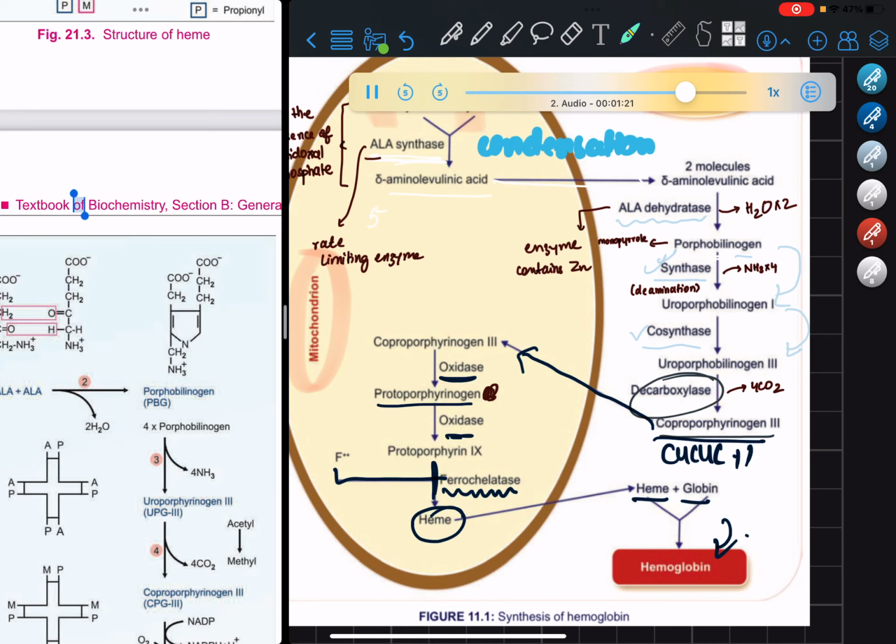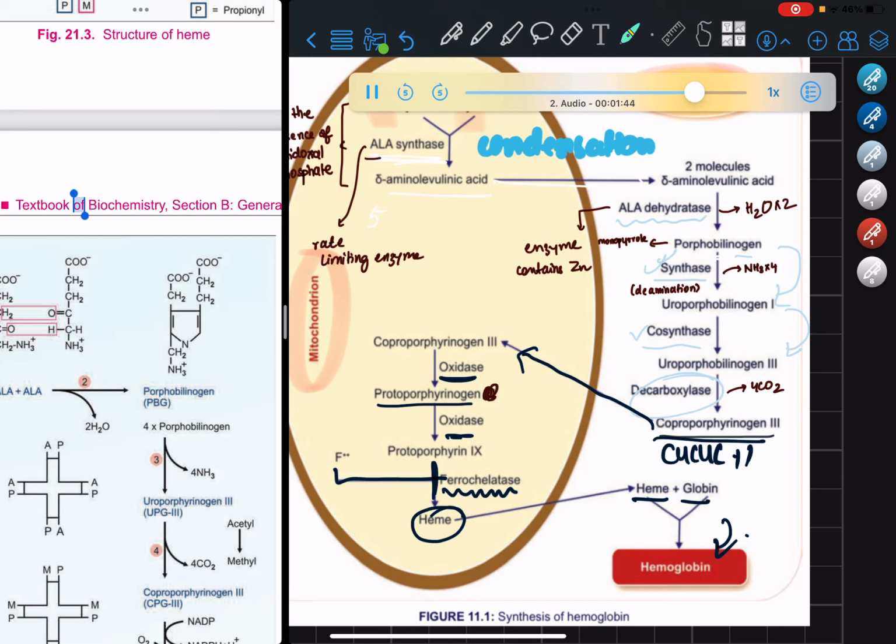Next, from the uroporphobilinogen 3, a decarboxylation reaction takes place and you form coproporphyrinogen 3, CpG3, in the presence of uroporphobilinogen decarboxylase.